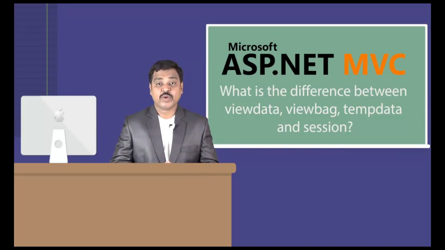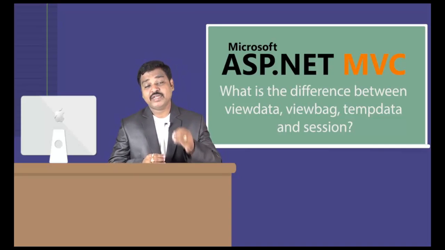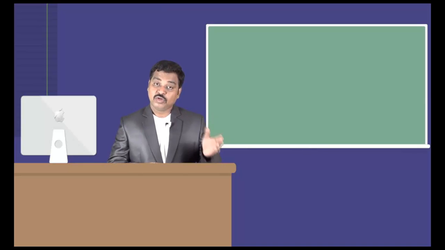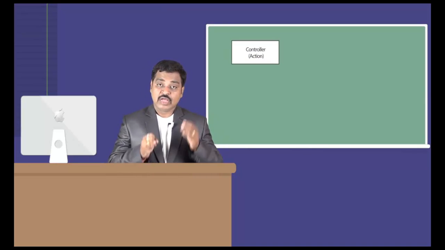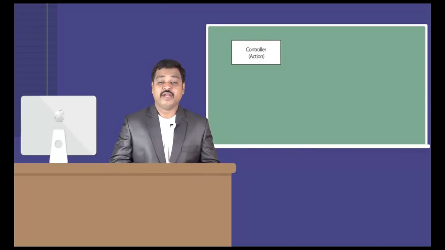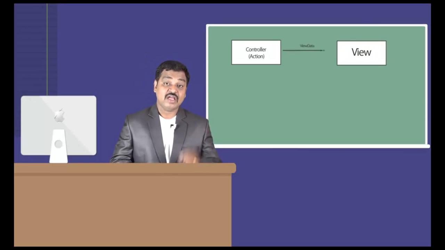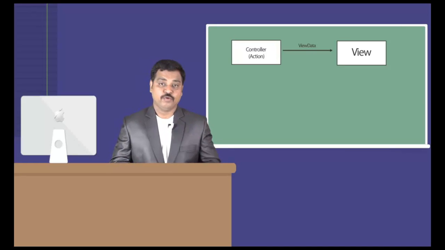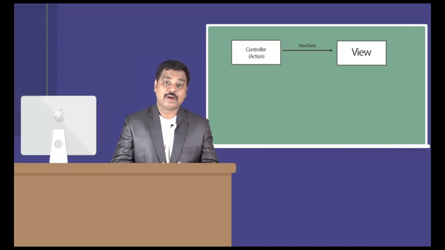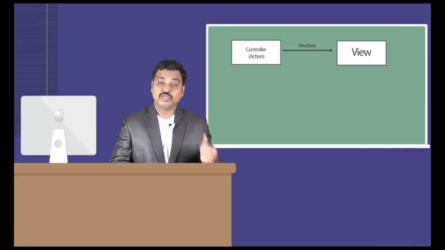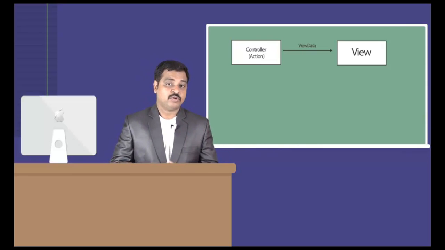ASP.NET MVC provides different methods for storing the data, for passing the data from controller to the view. So we have something called ViewData, which is used for passing the information from a controller to the view. Whenever we want to pass the data from a controller to the view, we can take the support of ViewData.